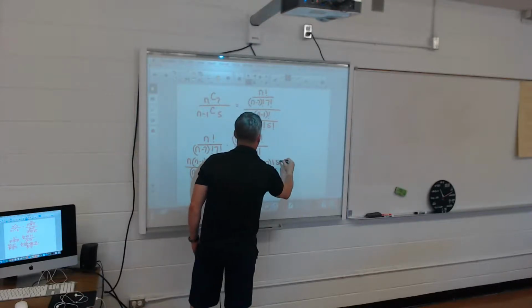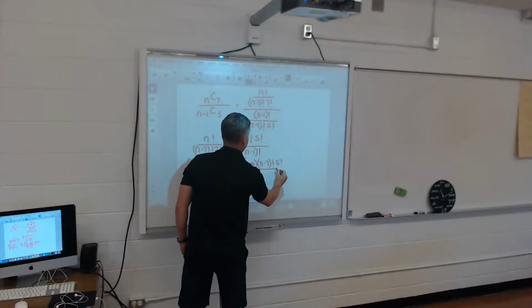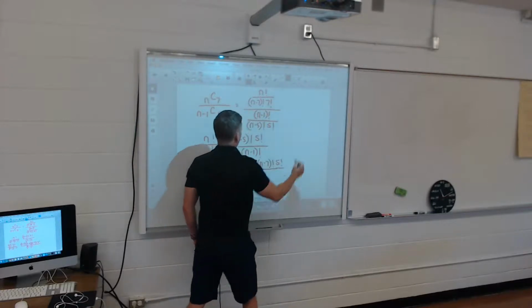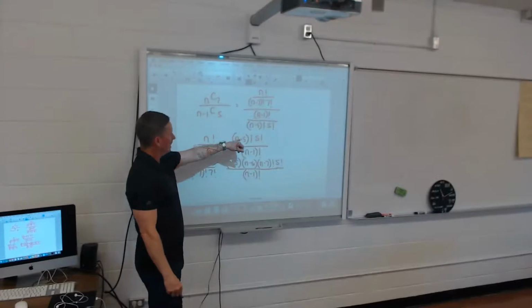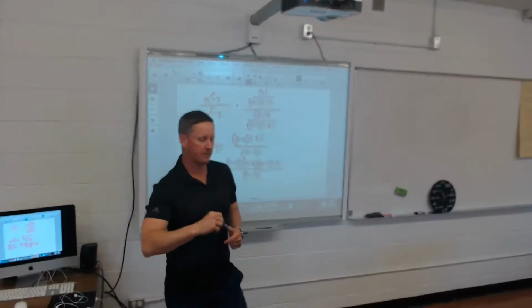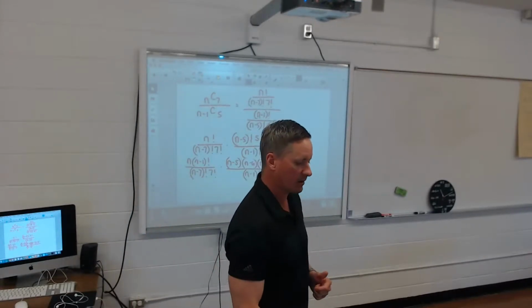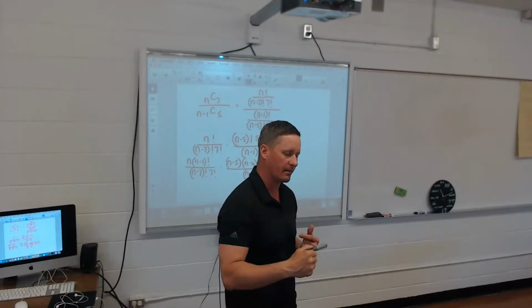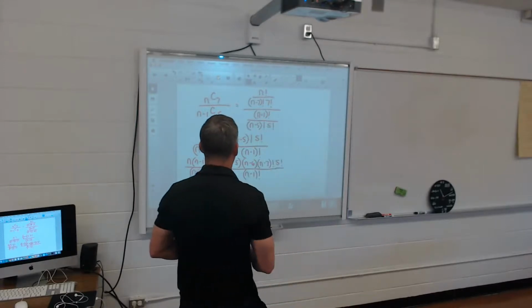And I have a 5 factorial up here. All I'm doing is taking the n and multiplying it by the next smaller number. And to get the next smaller number, I subtract 1 from each one.